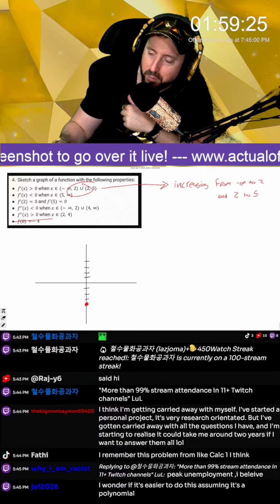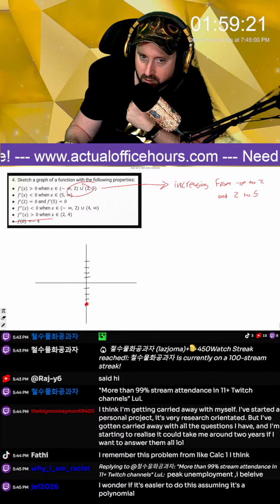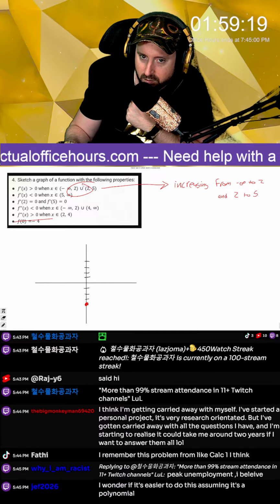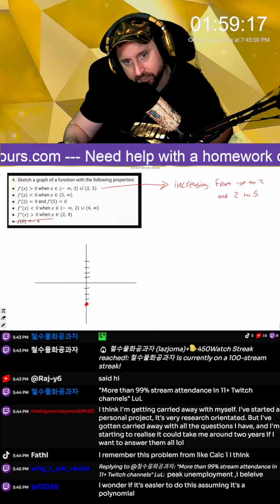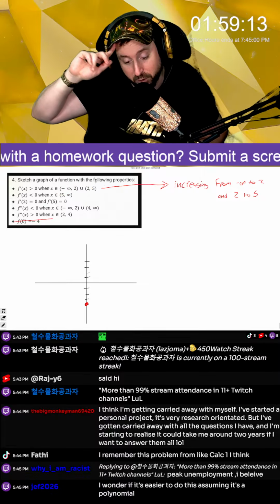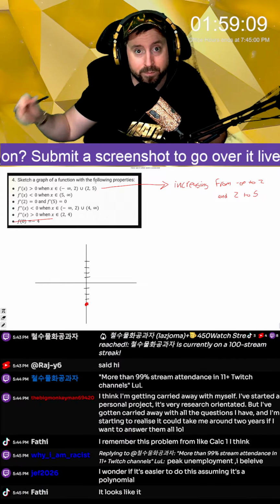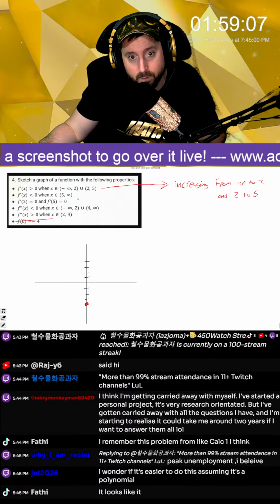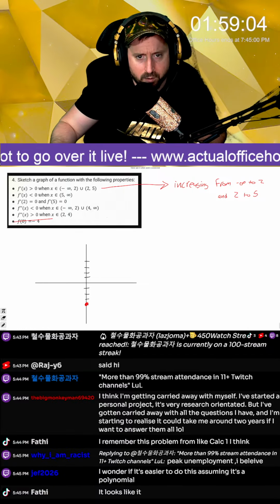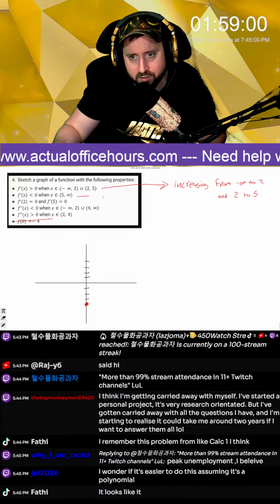The fact that they separated it makes me think that there's some sort of discontinuity. Why didn't they just say from -infinity to 5? They specifically put 2 as a breakpoint. So yeah, there has to be a hole, right? And then they also said it's negative, so then it's decreasing.